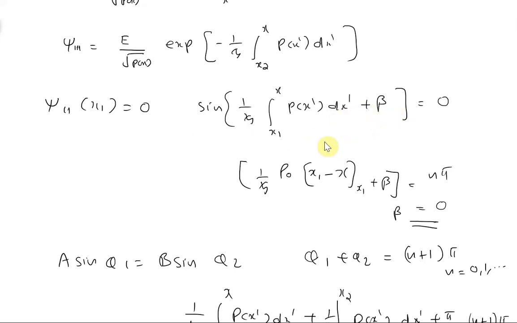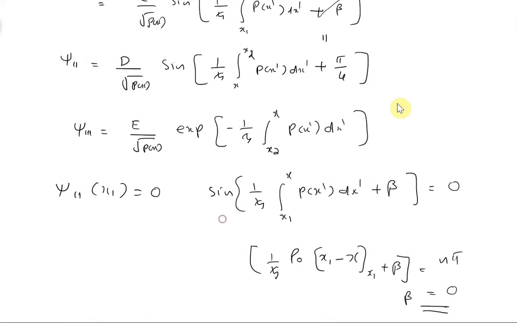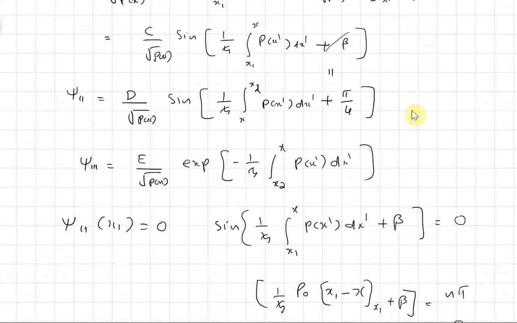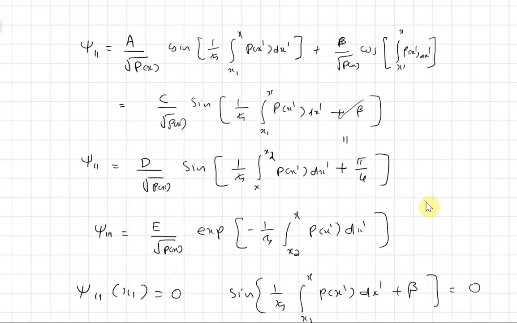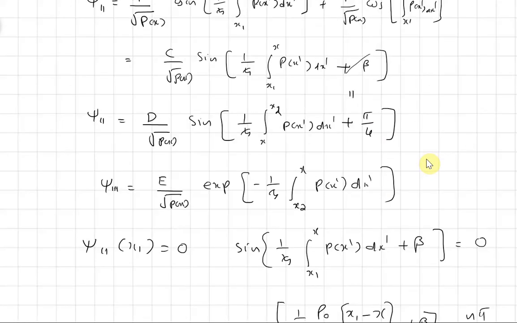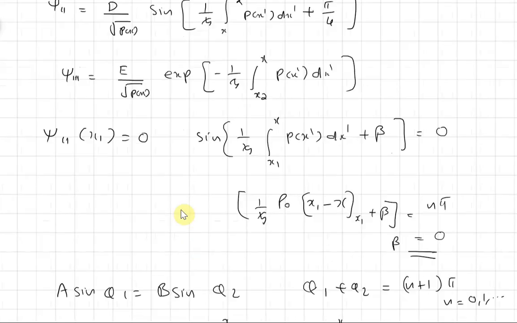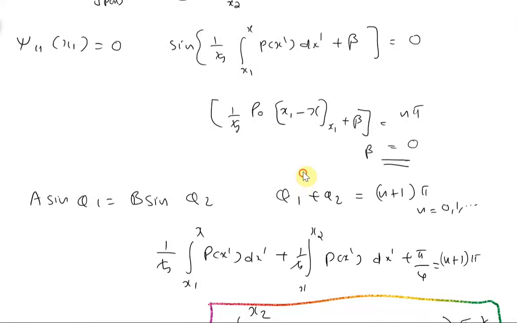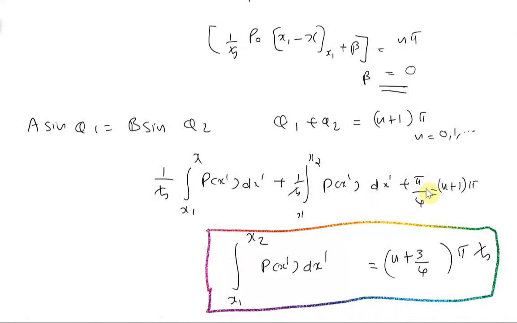So that will give you a similar psi 2. Here we have beta, and here this quantity is also going to be 0. So both these phase factors will not be there in our expression. So when you are comparing them, this pi by 4 will not be coming in addition.